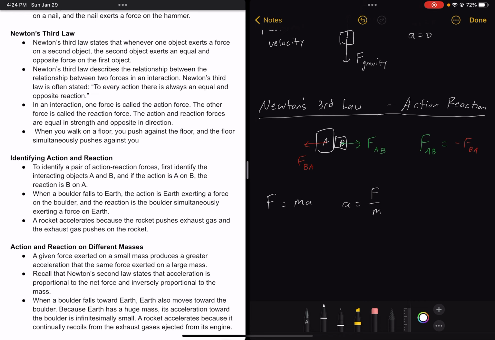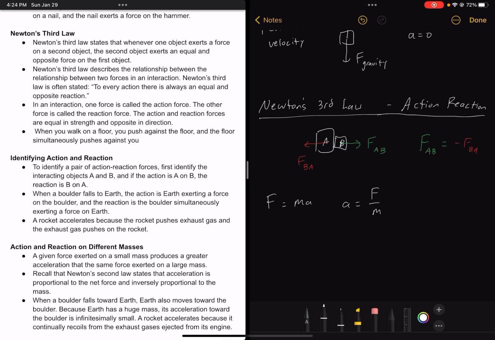All right. Another example, say you have a bug hitting a car, okay? And the bug is the one that goes splat. And the reason for that is because they're going to have the same force, equal and opposite forces, but the force of the collision is going to affect the bug a lot more than the car. Because even, let's say the force is just 1 Newton. Well, the bug has hardly any mass, right?